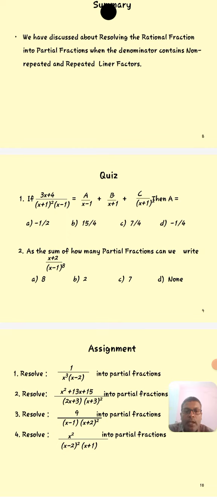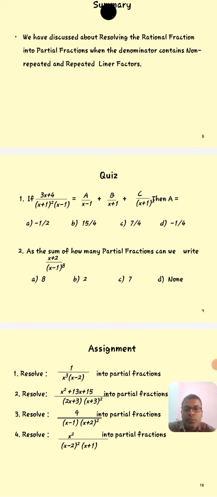Now here we have to find the a value and b value and also c value using the LCM method, cancel the denominator part and after simplification we get the equation. Using the substitution method and comparing the coefficients we find out the a value and b value and also c value. These three values we substitute in the main equation and we get the resolution into partial fractions.